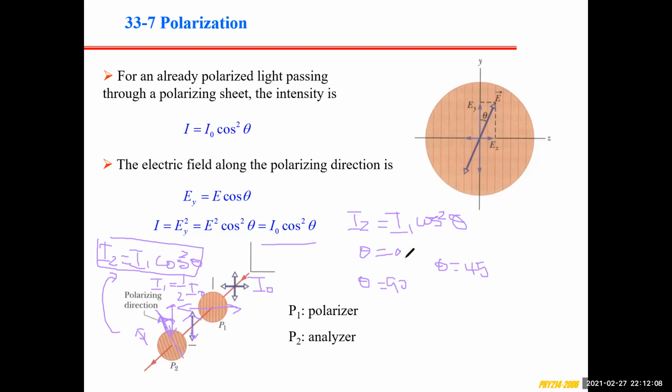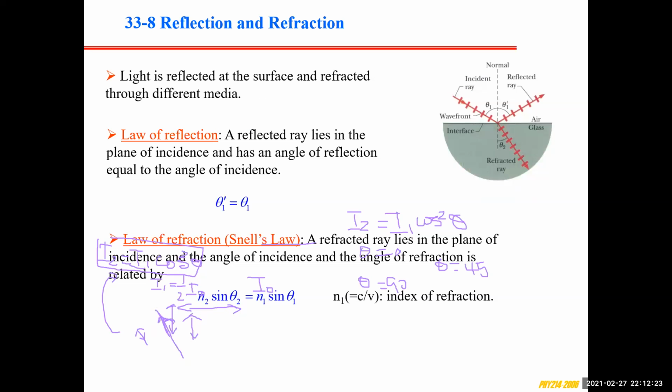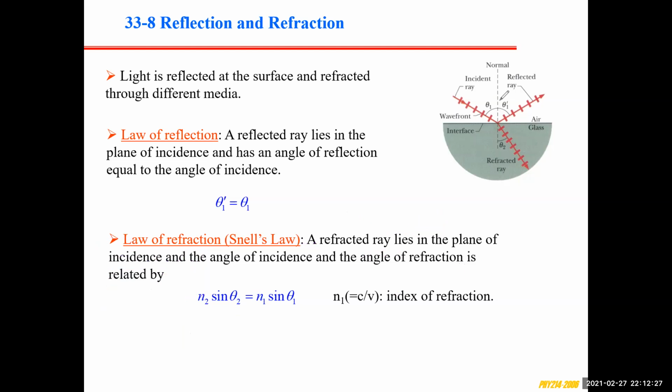You can have a situation where all the light will pass through, or a situation where all the light will be blocked out, depending on the angle between those two polarizing axes. So that is the property of light when it passes through the polarizer. Initially unpolarized light can be polarized depending on the polarizer.